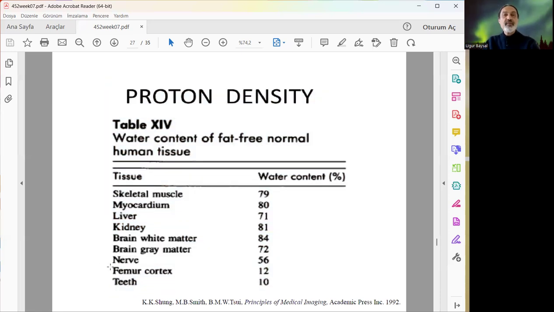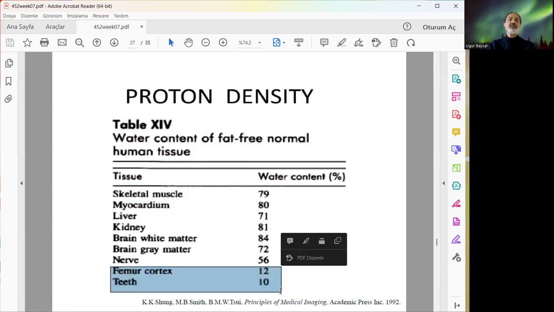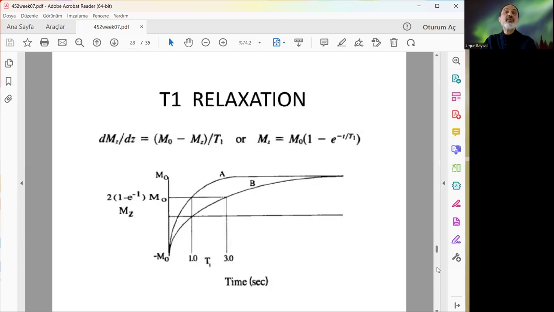But bone structures have very little water content, as I told you. They are mostly inorganic. And T1 relaxation for, arbitrarily, consider two tissues A and B.